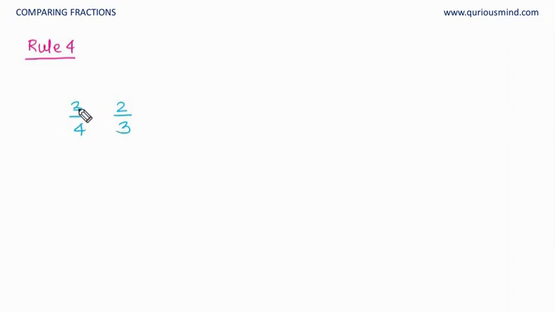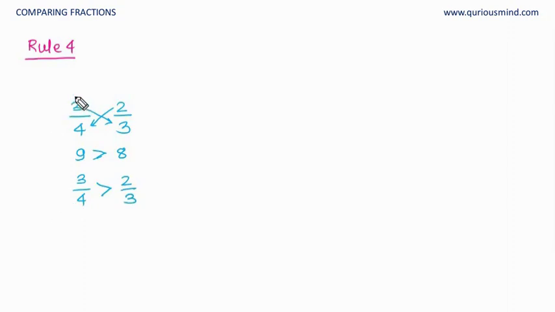So multiply this 3 with this 3 and multiply 2 with 4. So 3 into 3 comes 9. 2 into 4 comes 8. Okay. And now which is greater? 9 is greater. Because 9 is greater, that indicates that 3 upon 4 is greater than 2 upon 3.